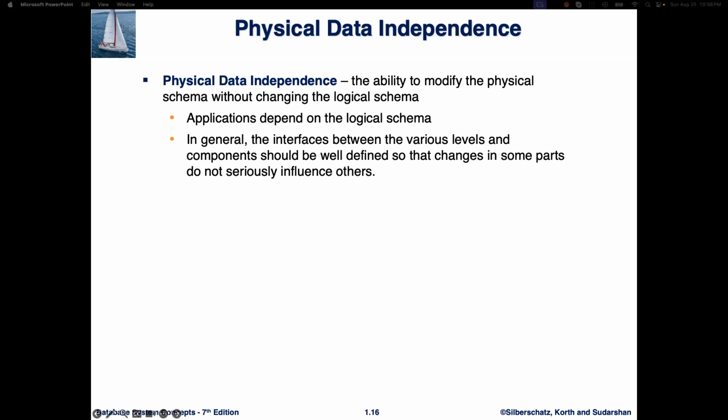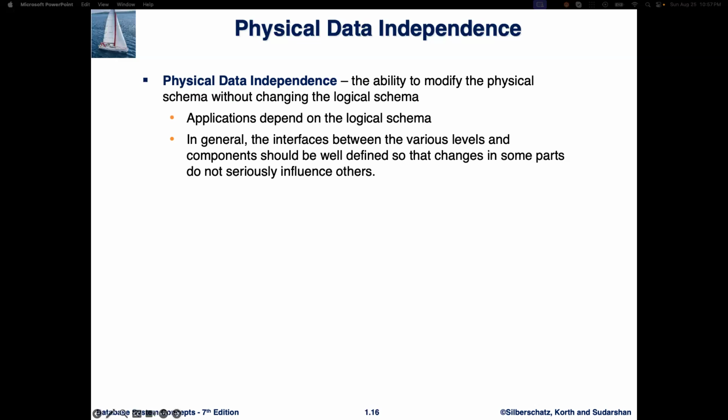If we decide to change the storage mechanism from the traditional hard disk to a more modern SSD, or reorganize the data files to improve performance, these changes should not affect the logical schema that defines the structure of student records or the way applications query this data.